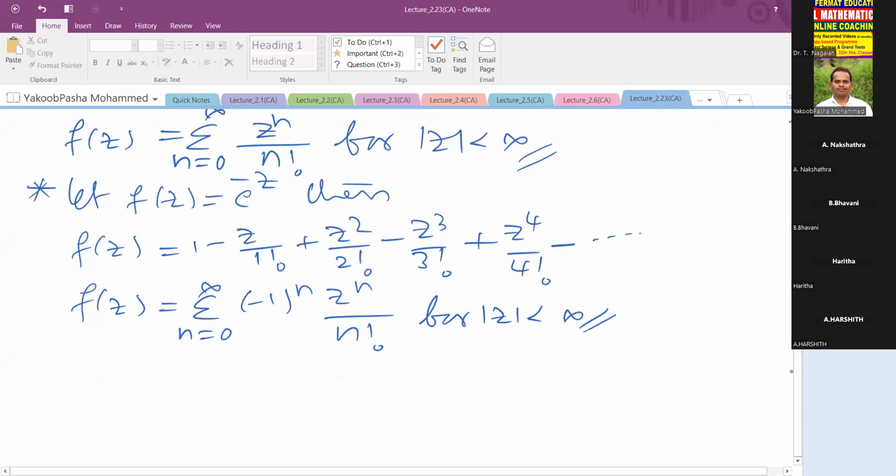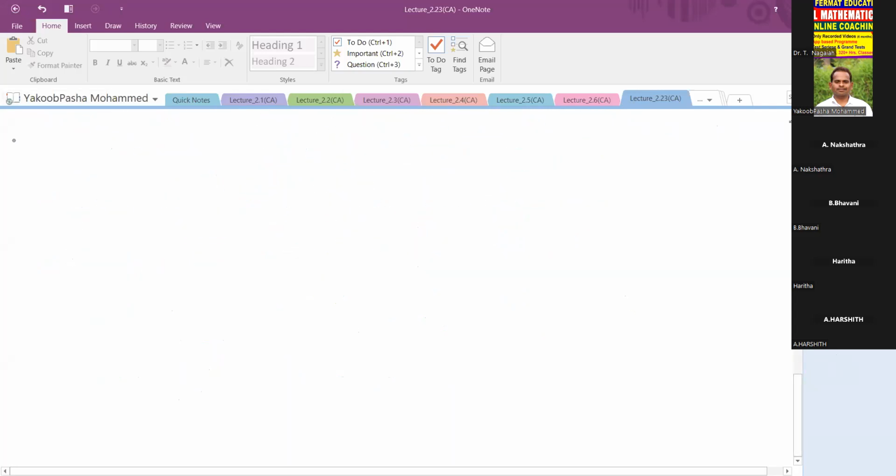So as we know that sin z is an odd function, if we take f of z equal to sin z, then f of z can be represented in expansion form by Maclaurin's series.